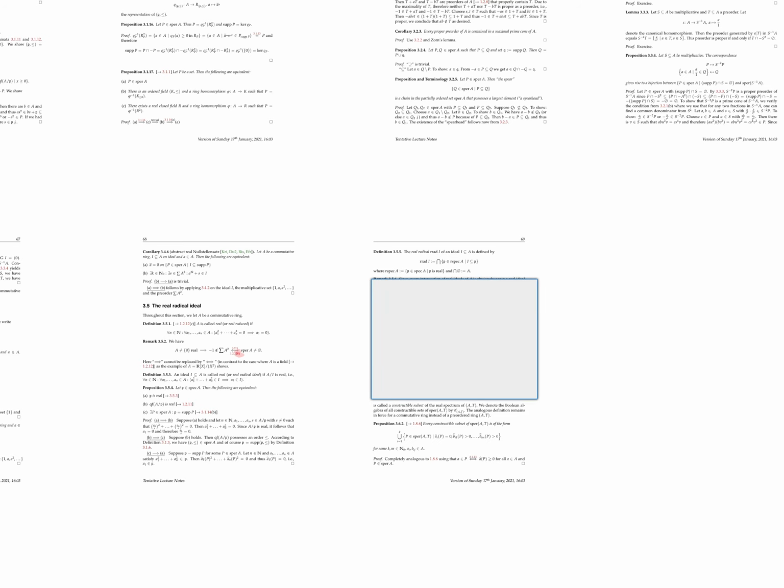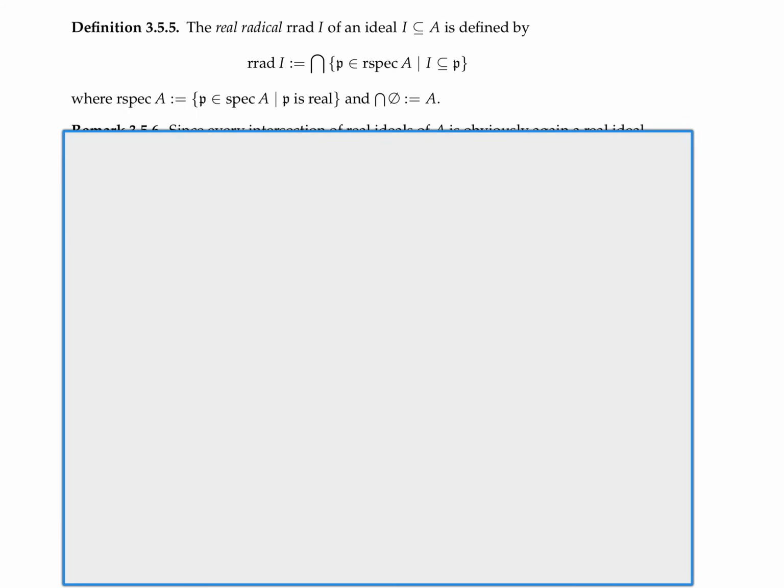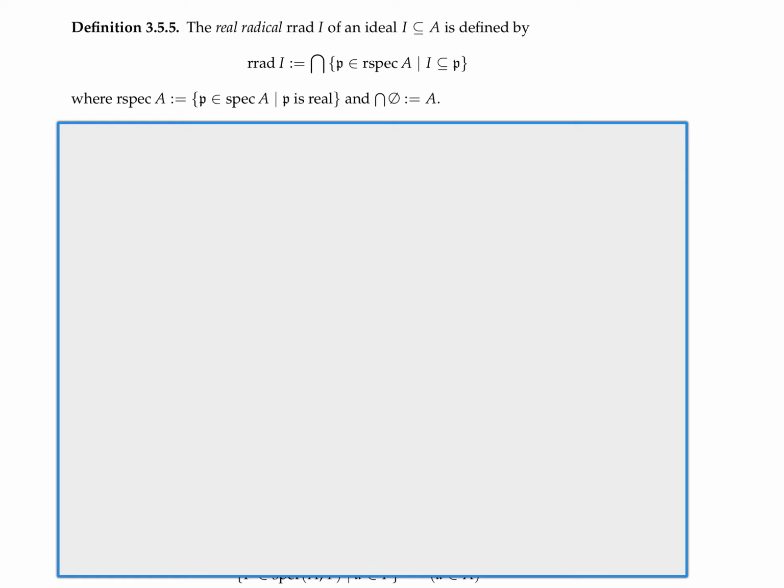Now, our next definition, the real radical of an ideal. If you remember, what was the usual radical of an ideal?